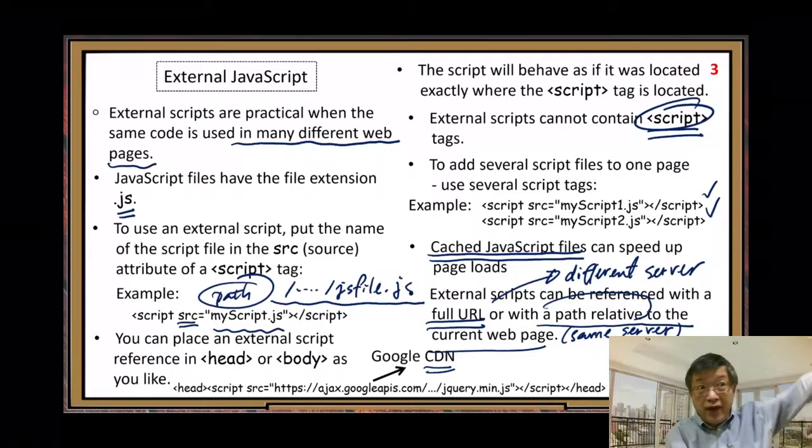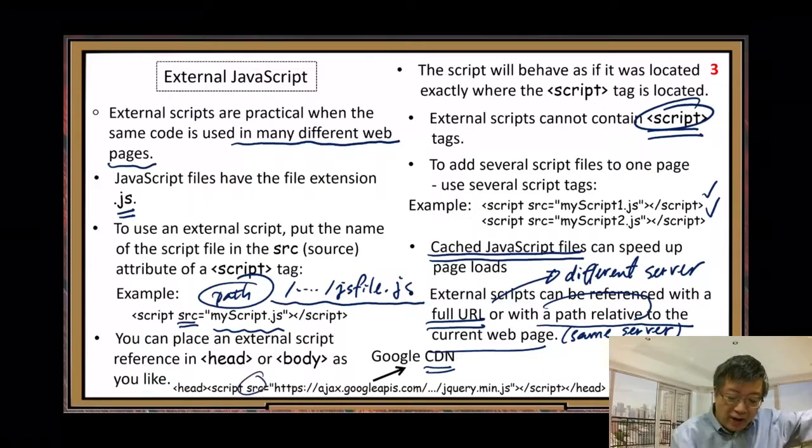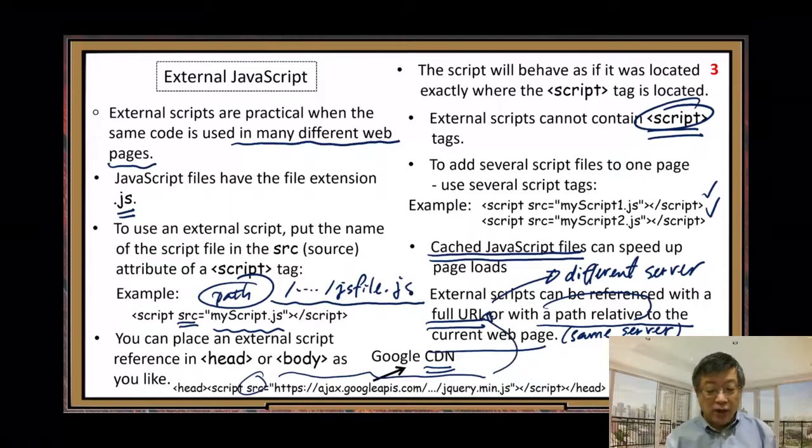Here, we can use their libraries directly this way, script element src, then the full URL. Google's server is definitely different from our own server, so we use it in this way.